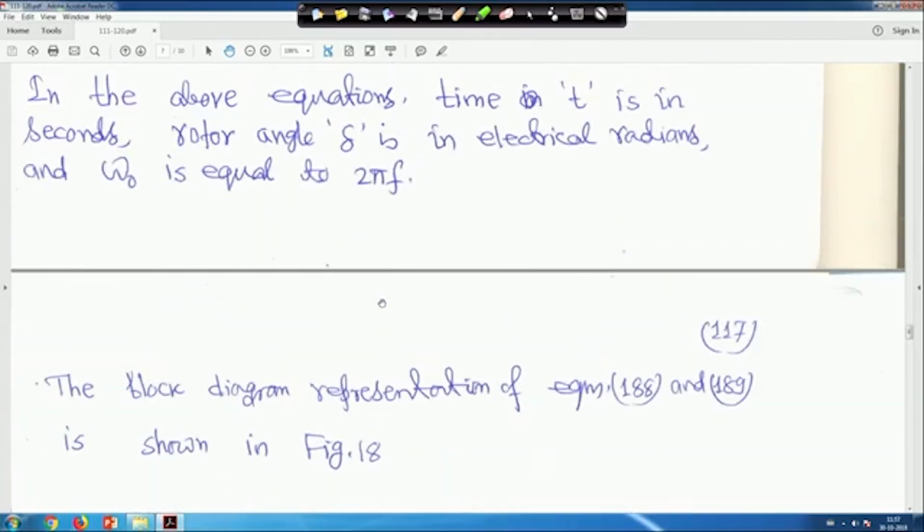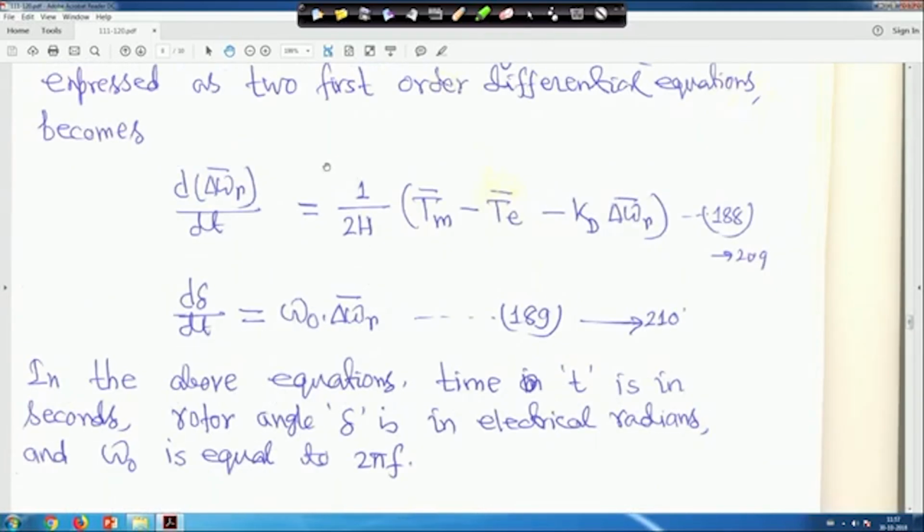Now, the question is that assuming all initial conditions are 0, if you take the Laplace transform of this, it will become s into delta omega r bar equals 1 upon 2H into T m bar minus T e bar minus K d delta omega r bar.